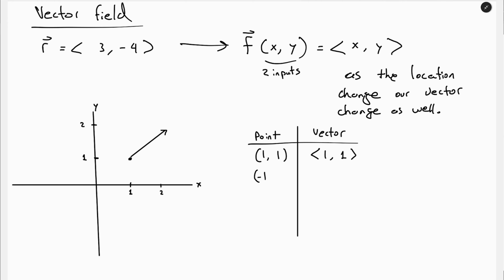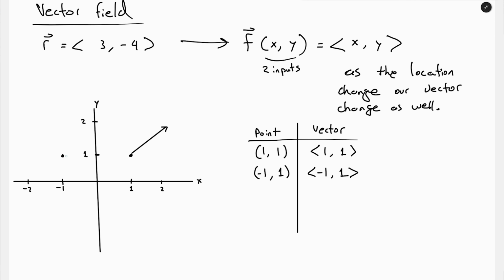And what about maybe at (-1, 1)? Our vector is just this. So we go 1 left and 1 up. When I add them together, we'll get something like that. And so on and so forth. This will look like that one.